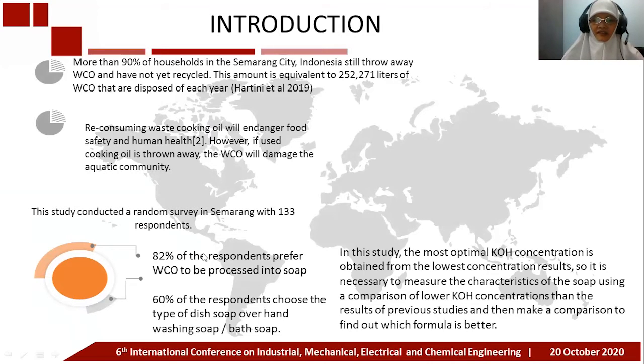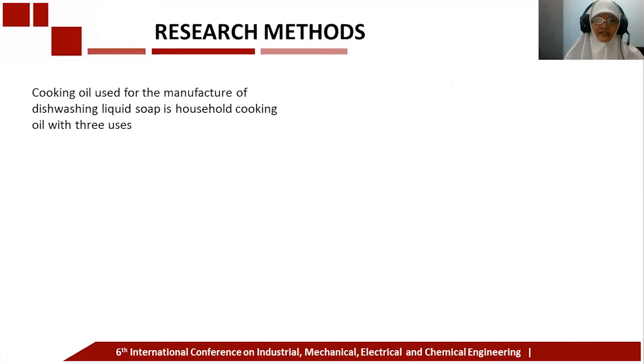In this study, the most optimal kalium hydroxide concentration is obtained from the lowest concentration results. So it is necessary to measure the characteristics of the soap using lower kalium hydroxide concentrations than the results of previous studies, and then make a comparison to find out which formula is better.